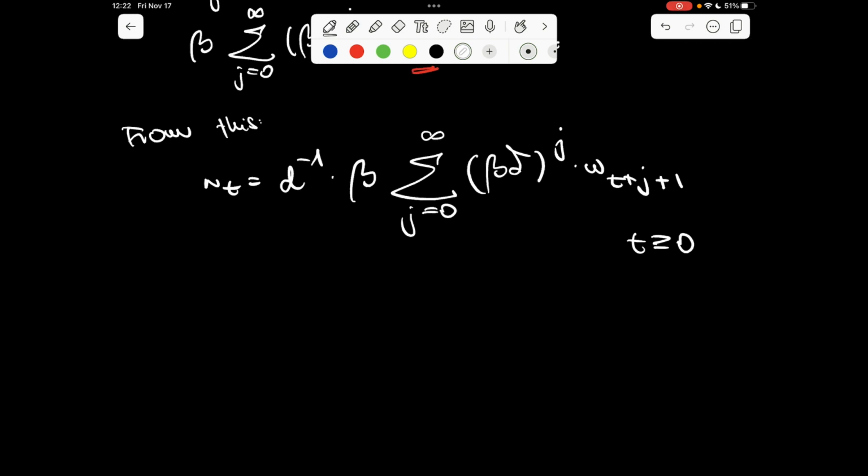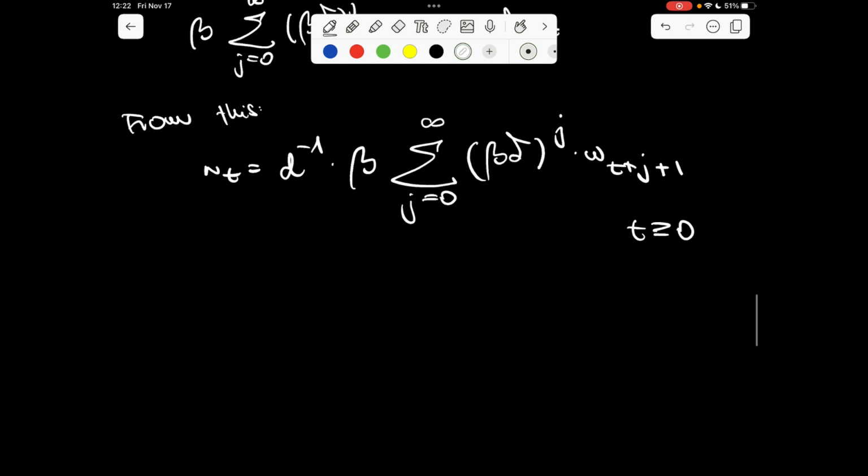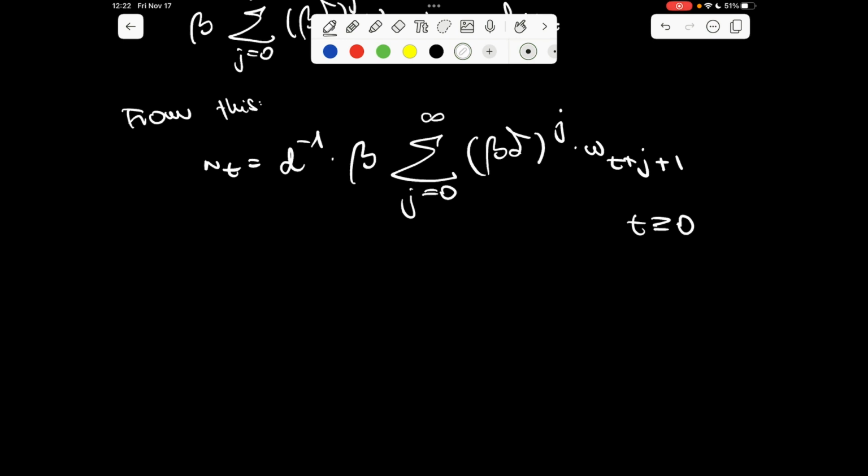Okay, so the optimal decision in period t is dependent upon the wages in the subsequent periods.